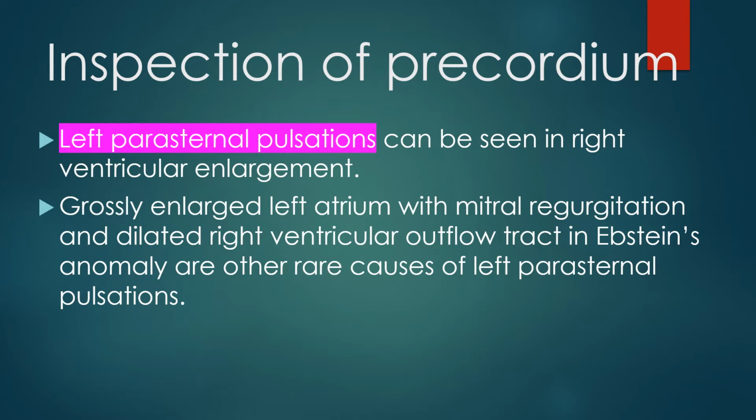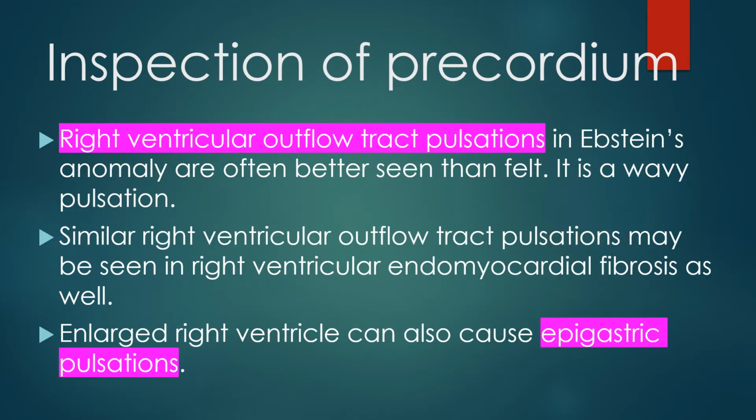Grossly enlarged left atrium with mitral regurgitation and dilated right ventricular outflow tract in Epstein's anomaly are other rare causes of left parasternal pulsations. Right ventricular outflow tract pulsations in Epstein's anomaly are often better seen than felt. It is a wavy pulsation. Similar right ventricular outflow tract pulsations may be seen in right ventricular endomyocardial fibrosis as well.